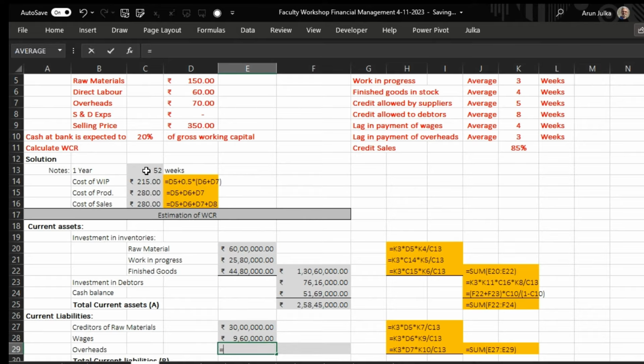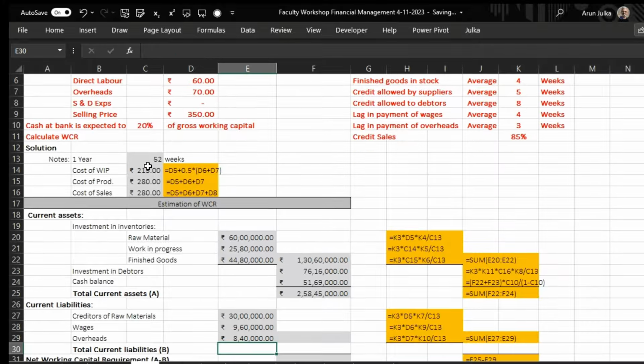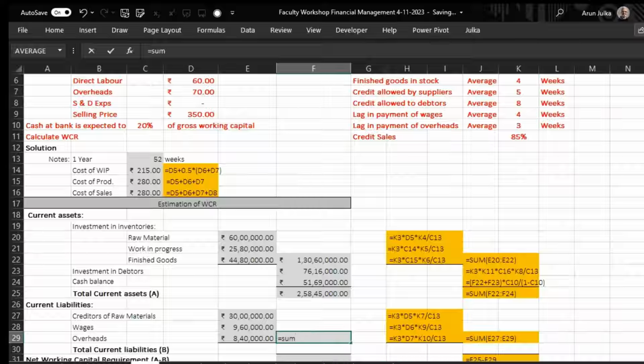In the case of overheads, again, production is 2 lakh 8,000. This is available in K3, multiplied by overhead of 70 rupees per unit, multiplied by lag in payment of overhead, 3 weeks divided by 52 weeks. And the answer is 8 lakh 40,000. And the sum of all these three gives us current liabilities: sum of raw material, wages and overhead.